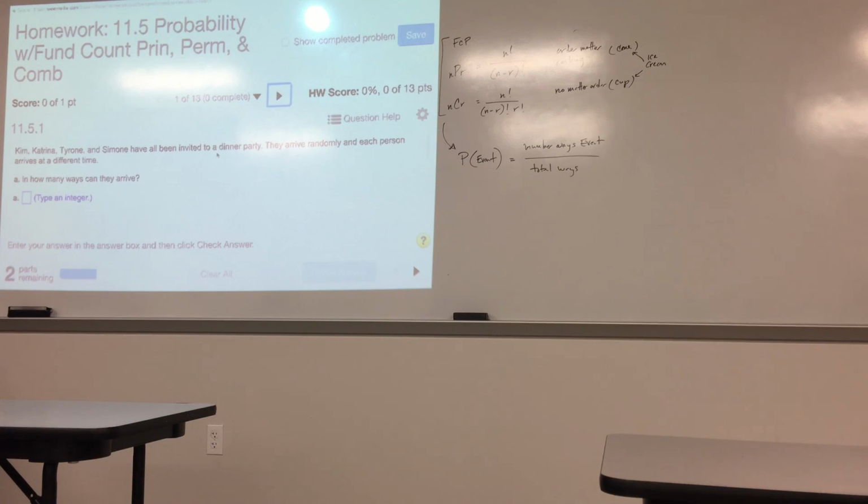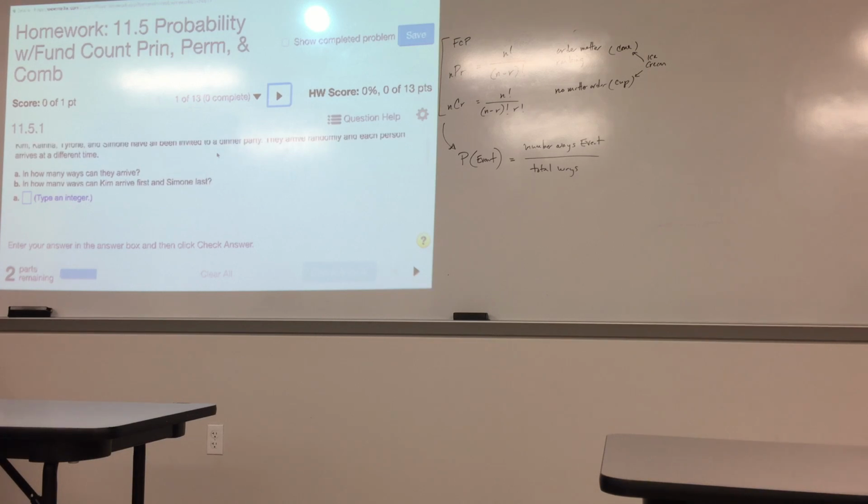It says Kim, Katrina, Tyrone, and Simone have all been invited to a dinner party. They arrive randomly, and each person arrives at a different time. In how many ways can they arrive? In how many ways can Kim arrive first and Simone last? Find the probability that Kim will arrive first and Simone last.